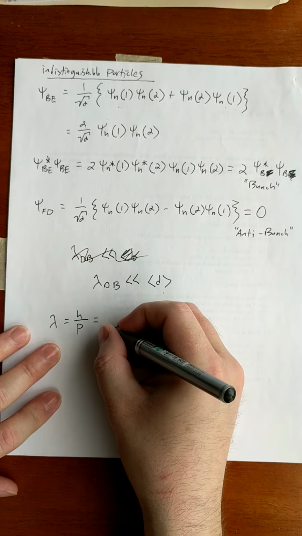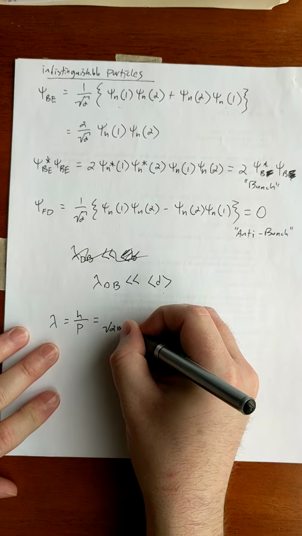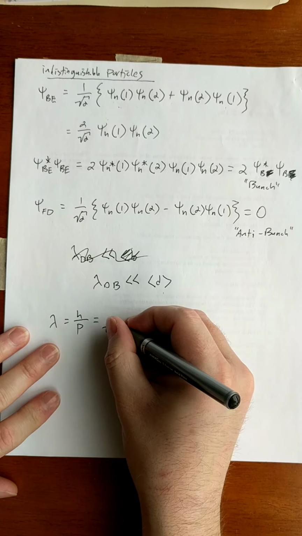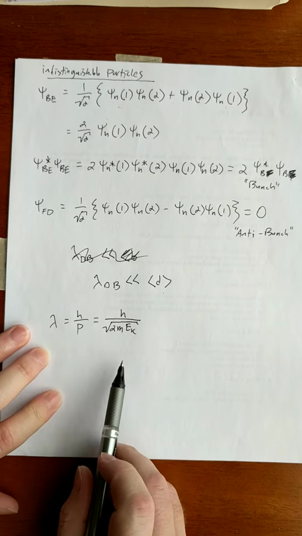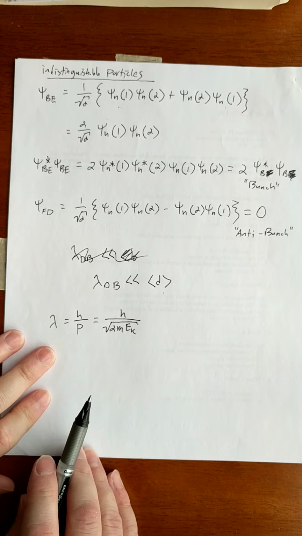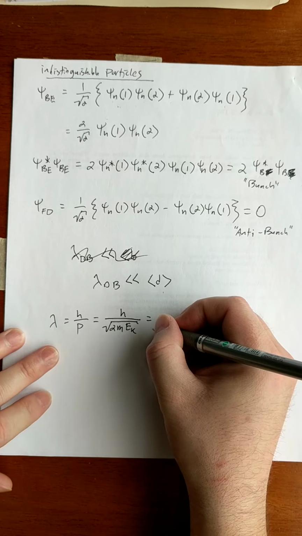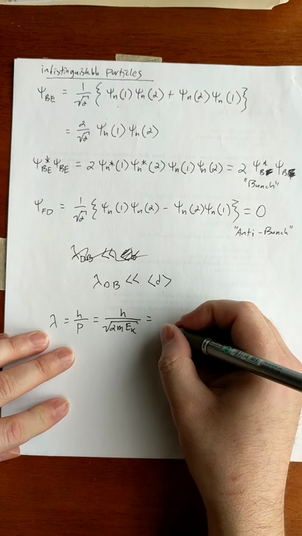And we know that there's an easy relationship of momentum and energy, or kinetic energy at least. I'll write kinetic energy as E sub k because we'll also use Boltzmann's constant, which is k. So this is just our regular relationship between momentum and kinetic energy. But then we know the energy of some sort of gas from the equipartition theorem.